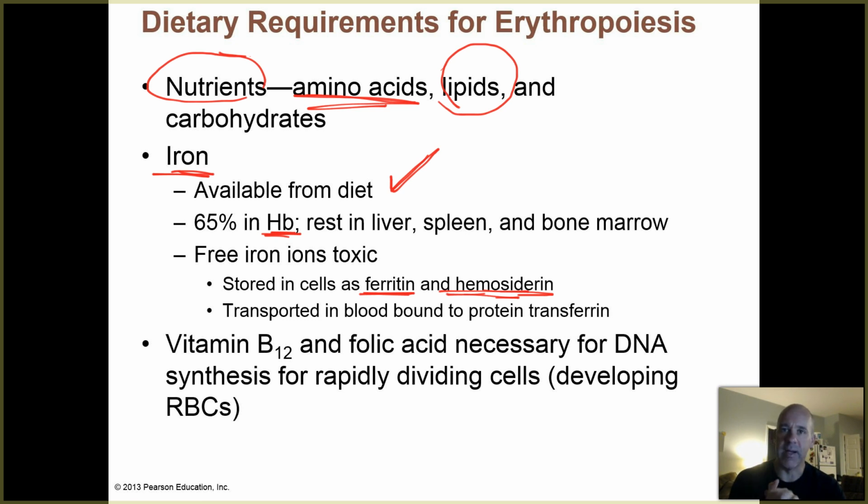Also, interestingly enough, when you guys take microbiology, you will learn that if you become infected, like you have a bacterial infection, bacteria need iron as well. And so since we store iron inside these proteins like ferritin that capture it, that helps hide iron from bacteria that enter the body.